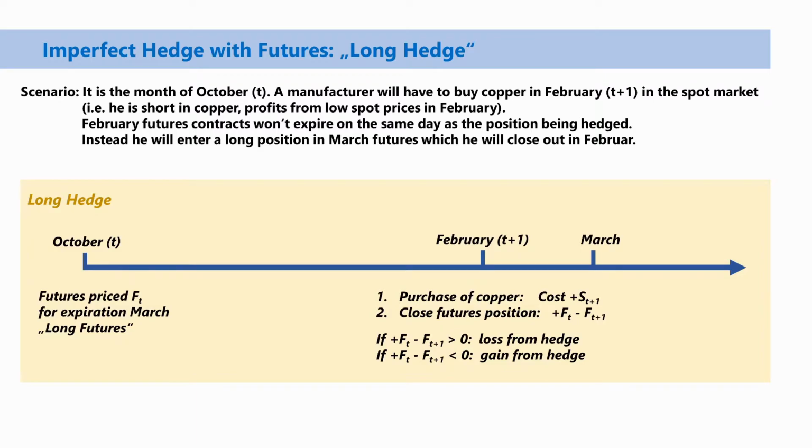Remember, long futures means buying something forward. So he buys at that price F_t, and he closes the position. That means he's selling the same thing at price F_{t+1}, the price in February. So either he will have a loss from the hedge or a profit from the hedge, depending on the difference between F_t and F_{t+1}.